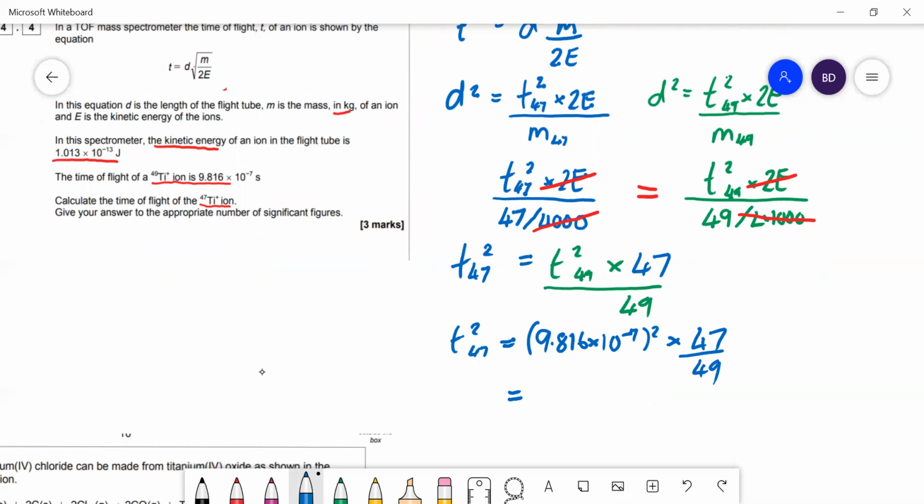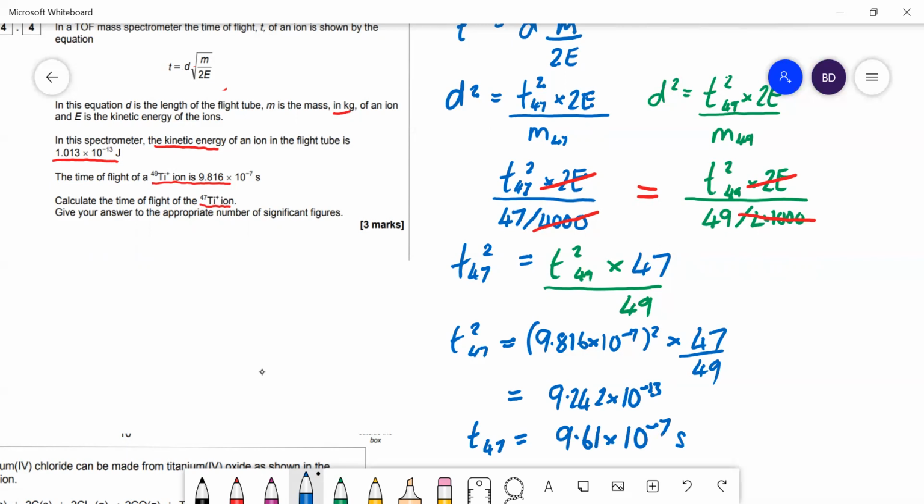That gives us an answer of 9.242 times 10 to the minus 13. Square root it to get t for the 47. That gives you 9.61 times 10 to the minus 7 seconds.